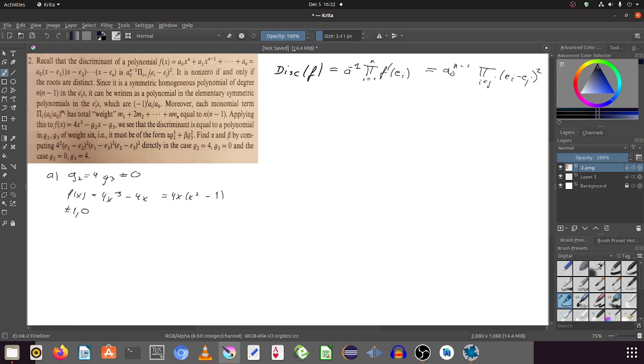And then we compute this directly. That's 16 times 1 times 1 times 4, that's 64.